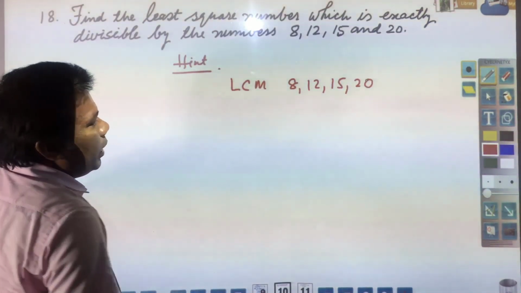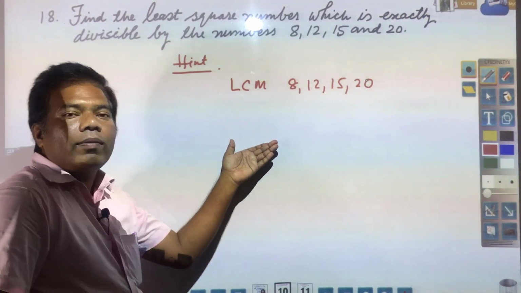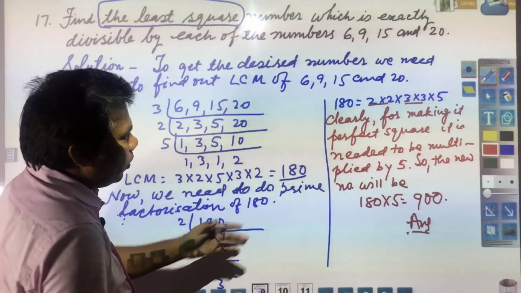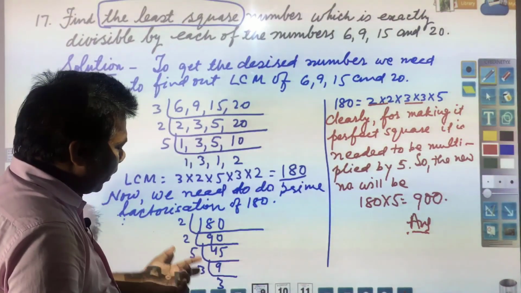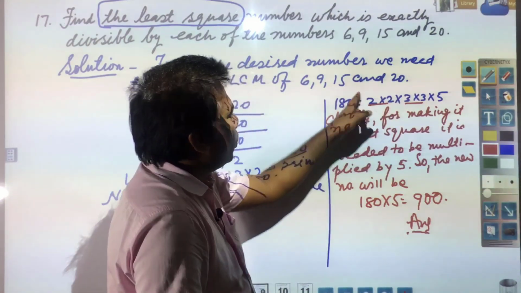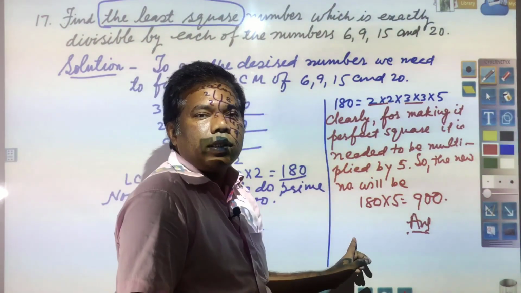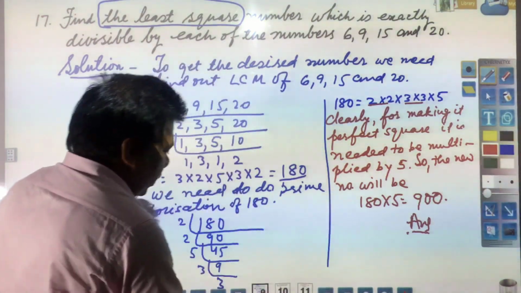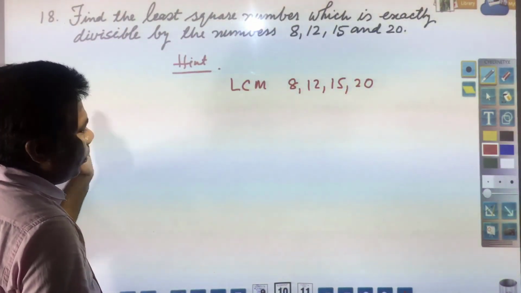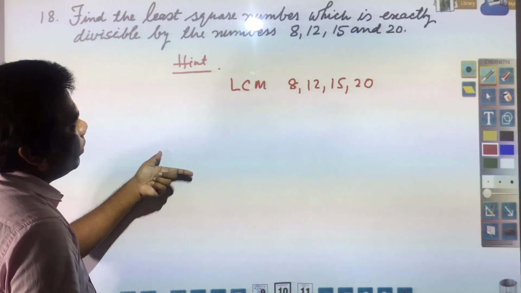Then you need to do prime factorization, and in the same way as we have done here, after doing prime factorization we need to see by which number it should be multiplied to make it a perfect square. I hope you will be able to solve this by seeing the previous questions, you try to solve this.